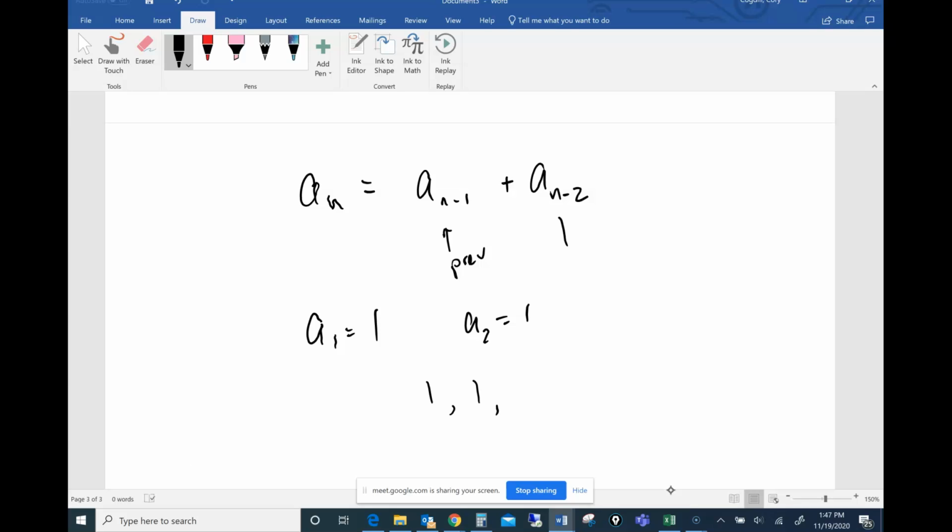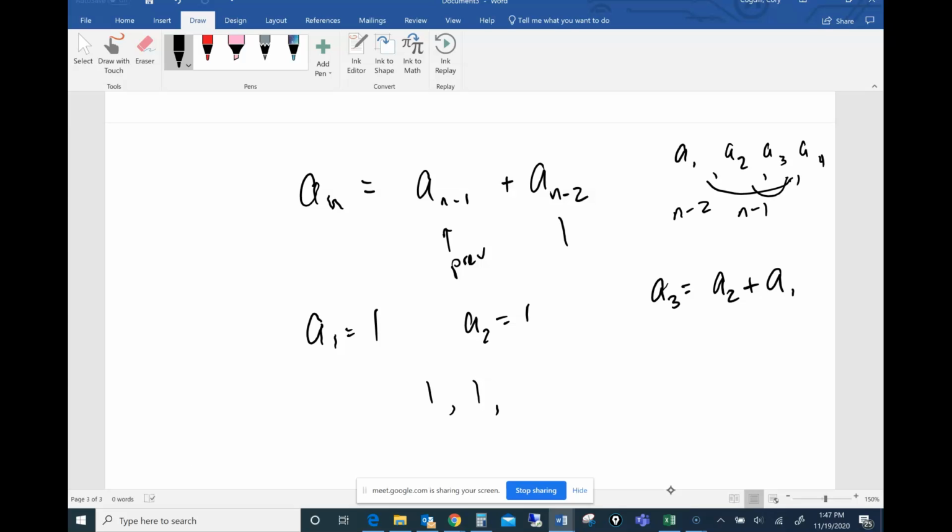To find the next term, which would be A3, we just add A2 plus A1, right? Because if this is A1, this is A2, this is A3, and this is A4. So we're finding A3, so it's going to take the 1 before it, this would be n minus 1, and adding the one that is 2 before it, which is n minus 2.